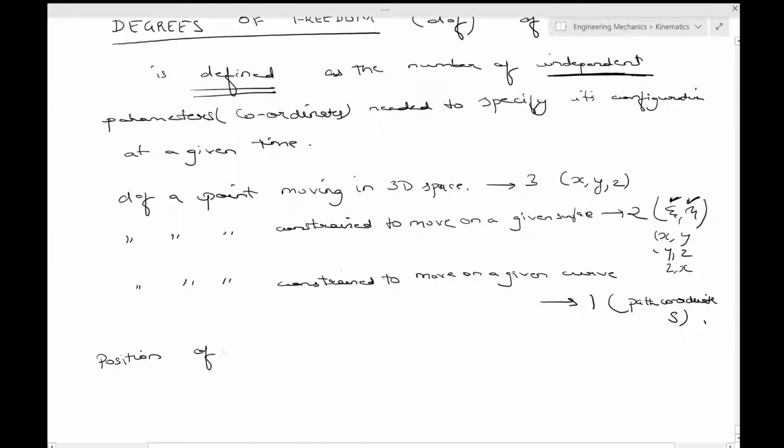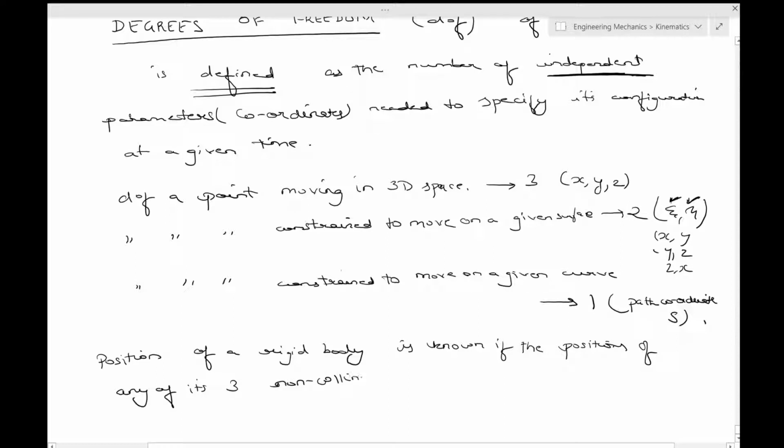The position of a rigid body is known if the positions of any of its three non-collinear points O, A, B are known.